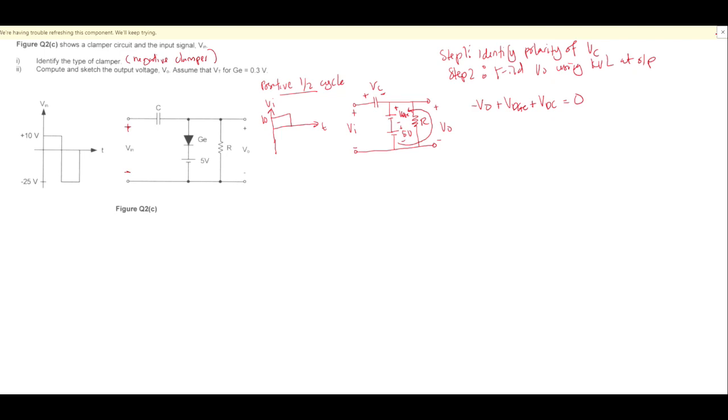So this one is the KVL at the output side: negative Vout, then positive VDGE, then positive VDC. You just solve this equation. So Vout equals VDGE plus VDC. VDGE is 0.3 volt plus VDC is 5 volt. Then here you will get 5.3 volt.